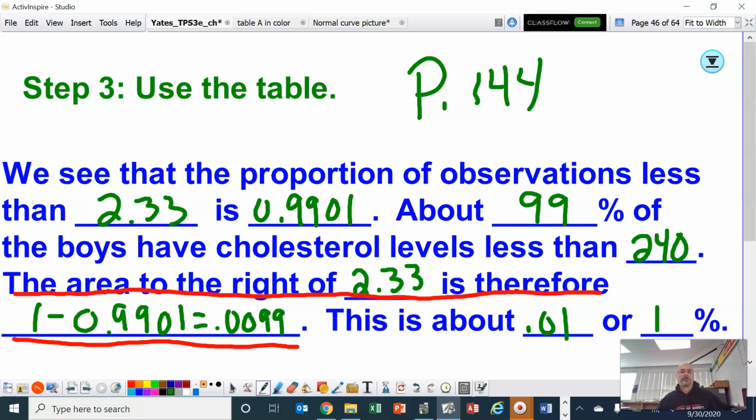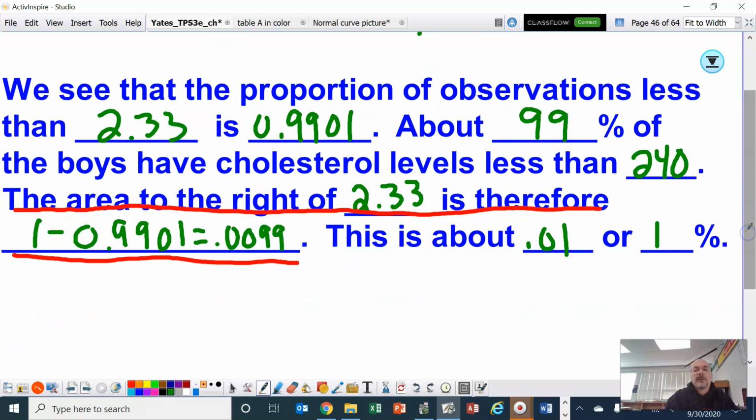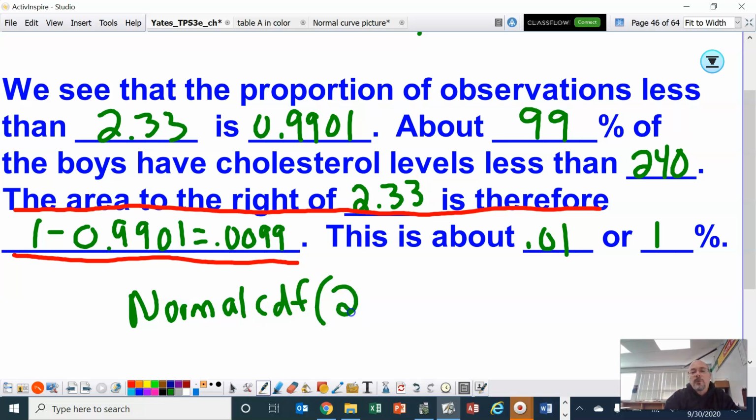Okay, let me just demonstrate with the calculator really quick. If you use the calculator, you're doing the normal CDF, you would put in the 2.33, comma, and then a really large number, and that's going to give you the 0.0099.